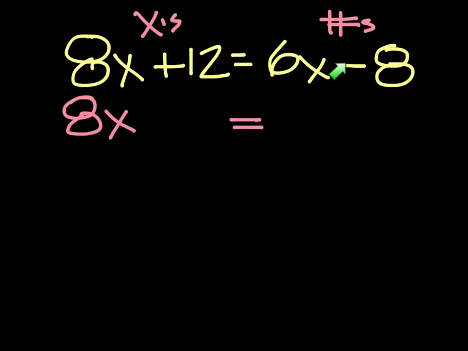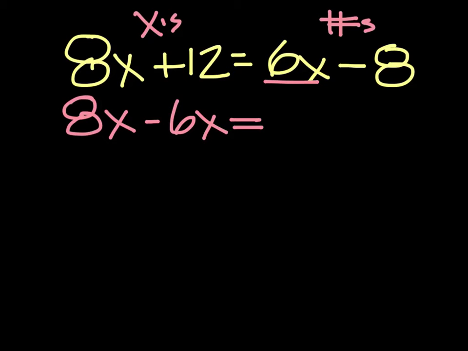You change the symbol or the sign or the operation. So what sign is in front of this 6x? Not times. Not minus. Is it add? Is it positive or negative? Positive. So when you move it to the other side, it becomes minus 6x.